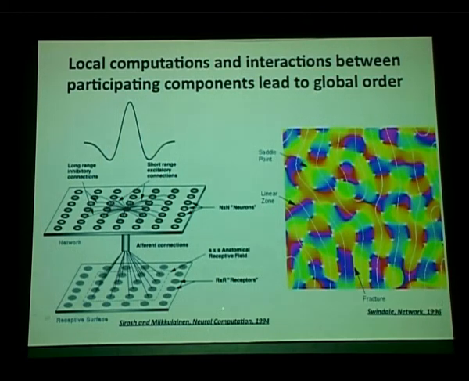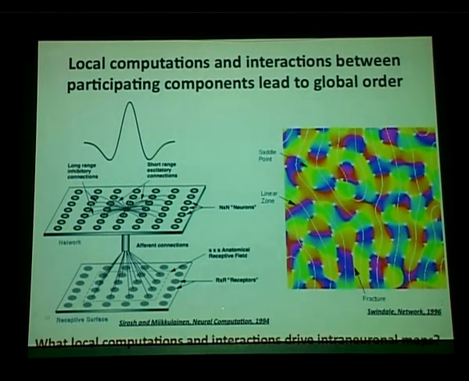So you get global order not because you are enforcing it on the system, but because there are local computations and interactions between these adjacent compartments, and hence you get global order over here. So here we understand what kind of interactions exist between these different neurons and how they translate to structures like this, where global order emerges as a consequence of local computation as well as the interactions between these neurons.